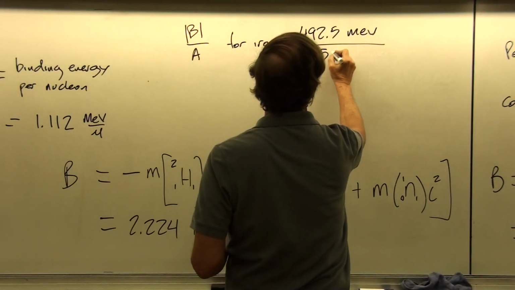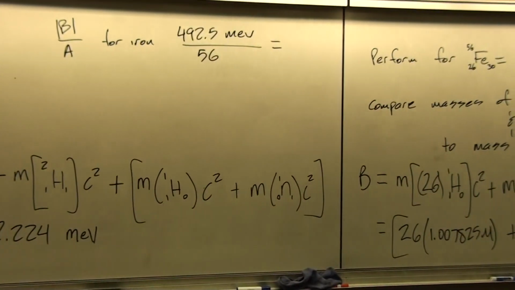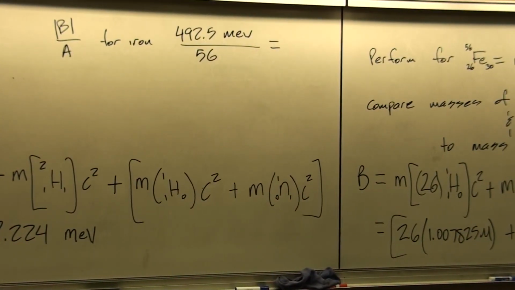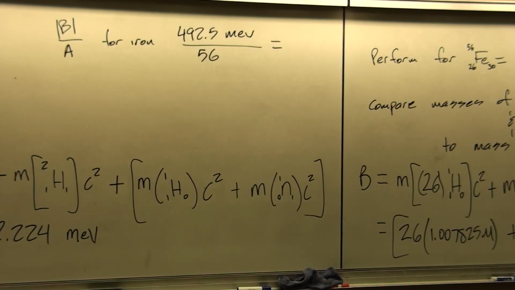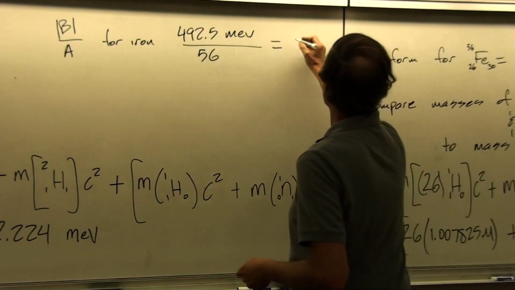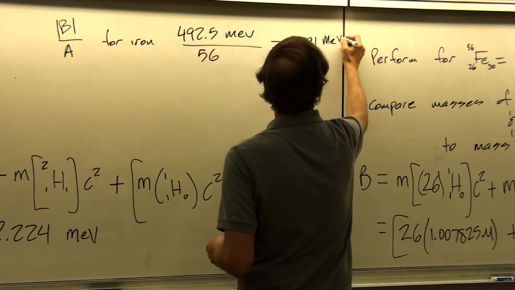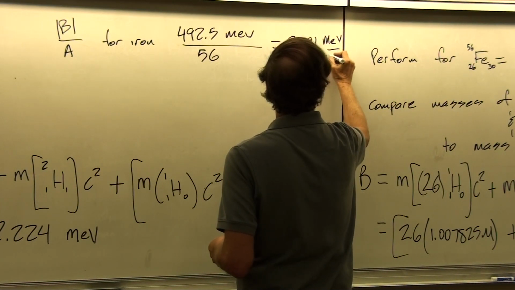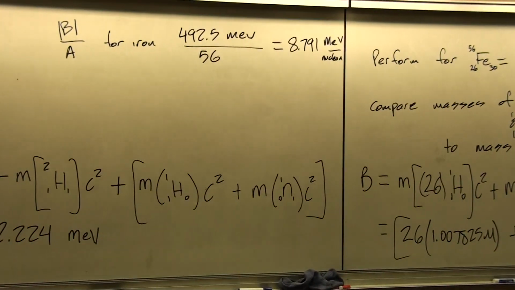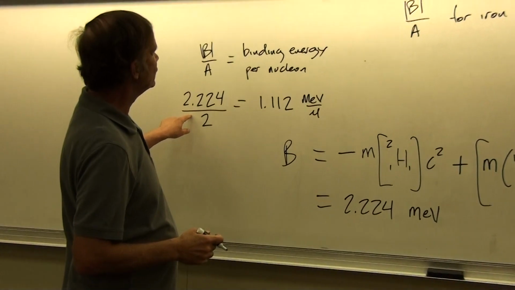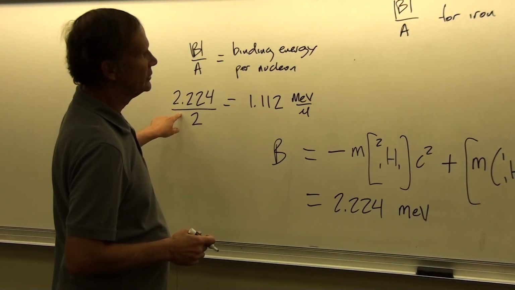Good. So that's divided by 56. And so then that gives us 8.791 MeV per nucleon. Okay, so we see that that's a lot higher binding energy per nucleon than for heavy hydrogen.